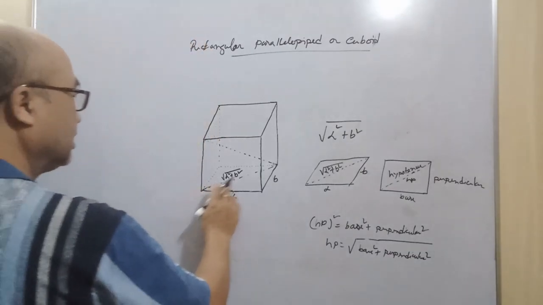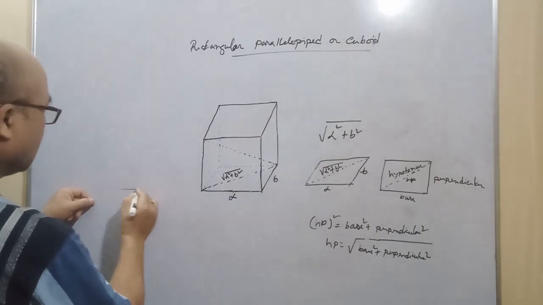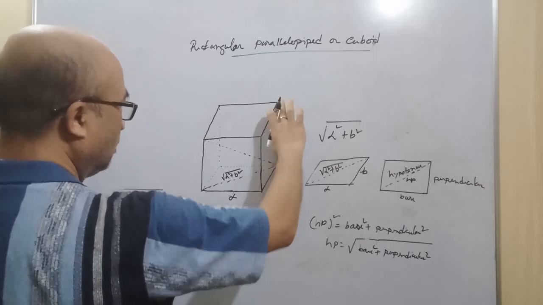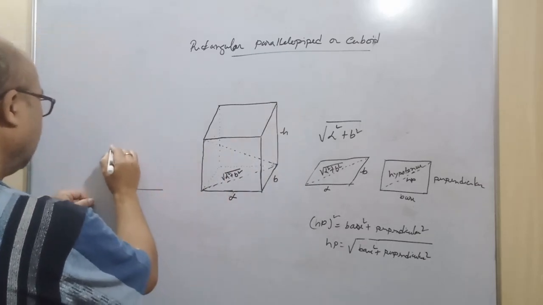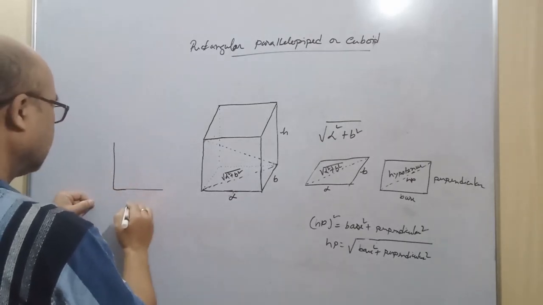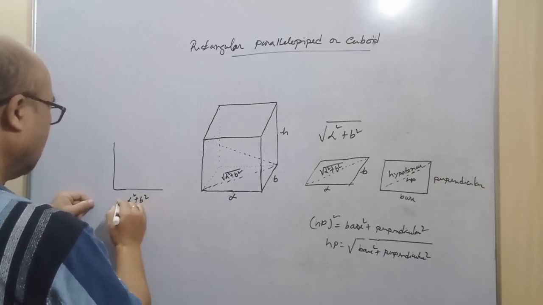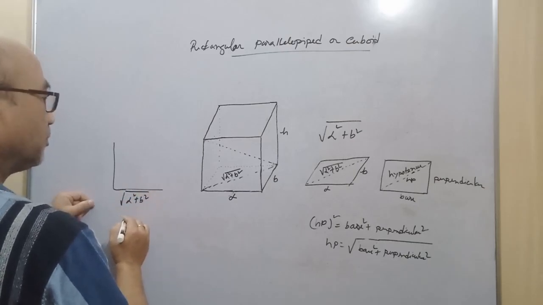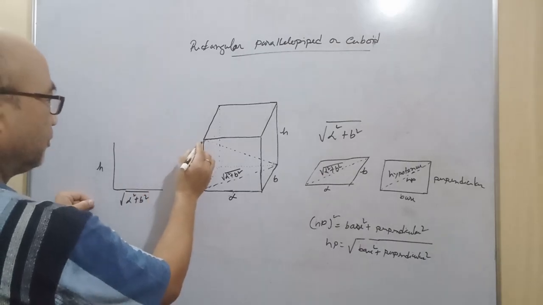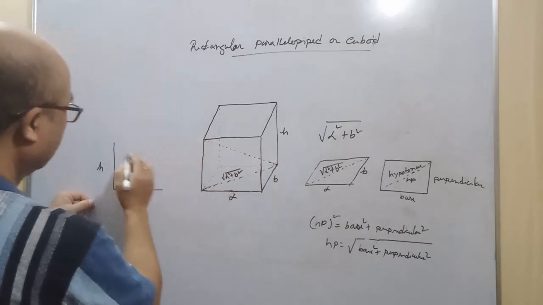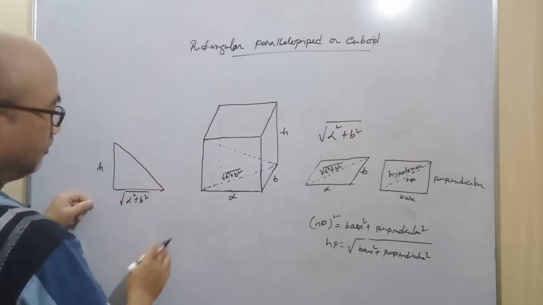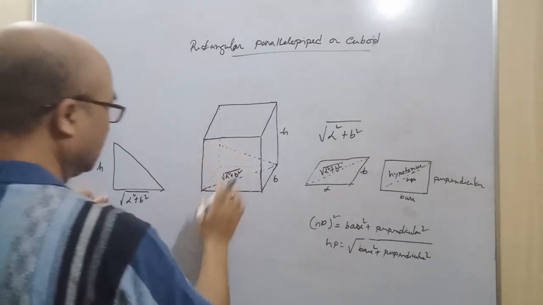Now taking this base like this, and suppose this is the height of this cuboid, then it can be represented like this. This is square root of L square plus B square, and this is H, and this diagonal from this point to this point is this line. Look at it carefully.